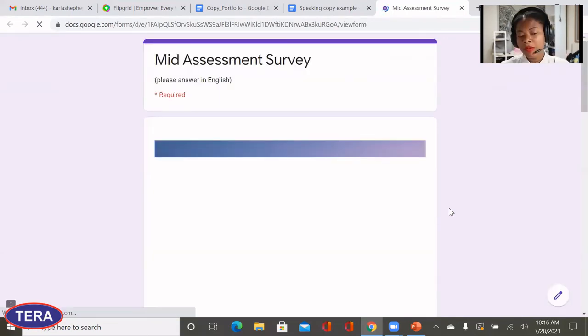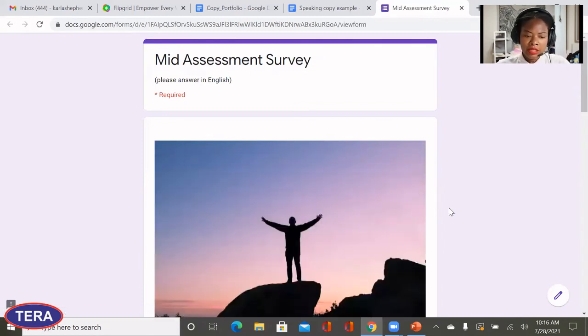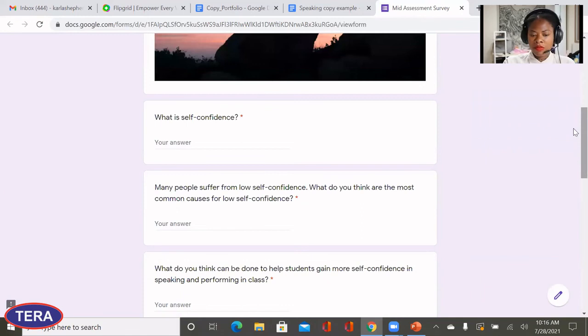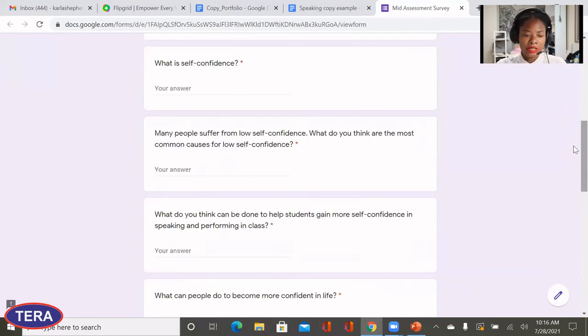We were learning about self-confidence because it's needed. And so here we have a survey where students answer questions like, well, what is self-confidence? Many people suffer from low self-confidence. What do you think are the most common causes for low self-confidence?